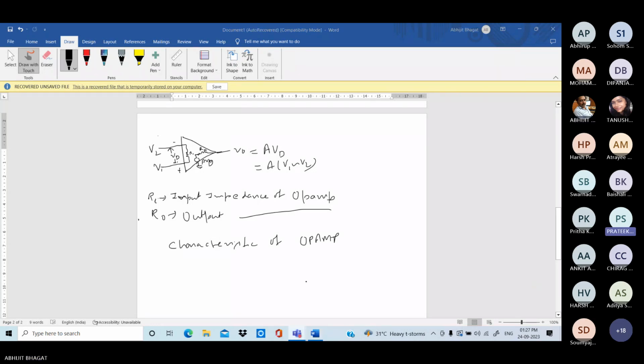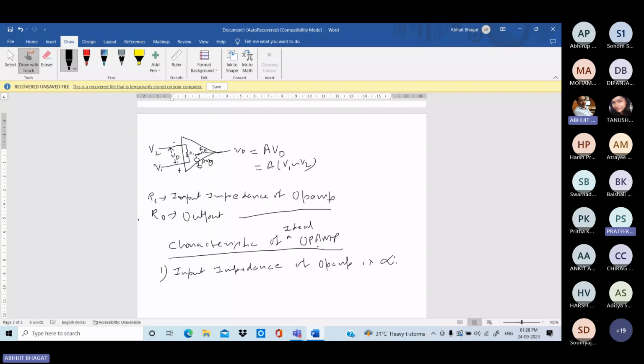Here we discuss the characteristics of the ideal OPAMP, and parallelly we also discuss the practical things. The first characteristic is the input impedance of the OPAMP, which is infinite.